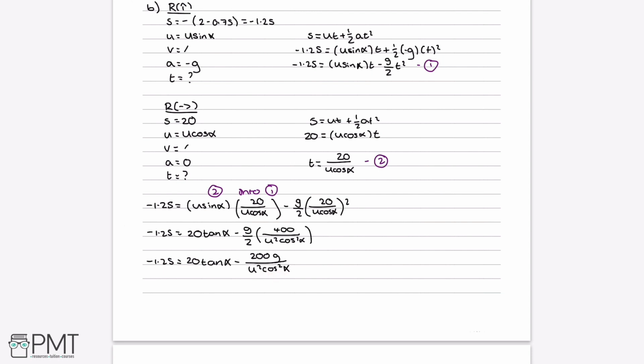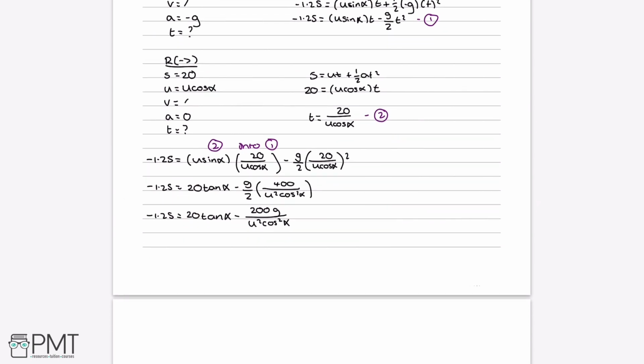But what we can do is use an equation that we had in part A for u squared, because if we substitute that in, we've now gotten rid of all the u's, which would be very helpful for finding what alpha is. And that equation from part A was that u squared is equal to 2g divided by sine squared alpha.